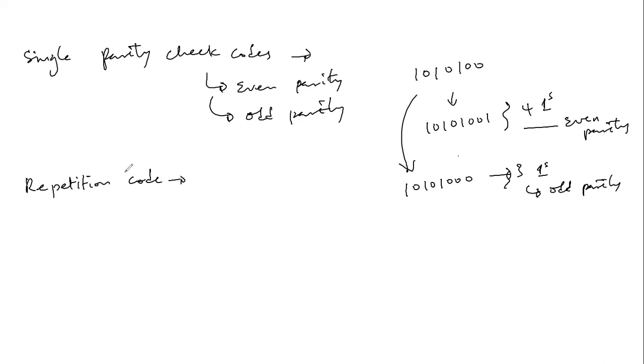Hence, a single message bit is encoded into a block of n identical bits, producing an (n, 1) block code. This block code allows provision for a variable amount of redundancy. The only 2 code words in the code are an all-0 code word and an all-1 code word.